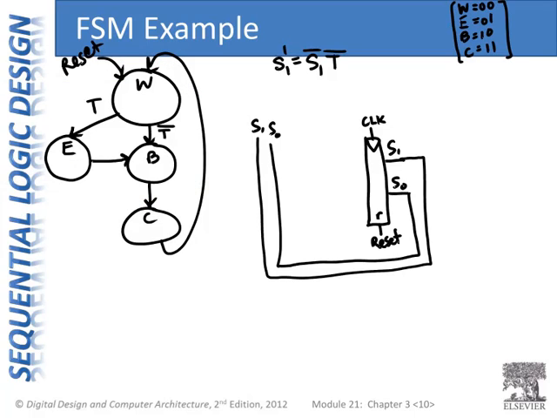We're going to use our current state, S1 and S0, as well as our inputs, in this case a single input, T, to determine, using combinational logic, what our next state should be. So our next states, S1 prime and S0 prime, are on the left side of our state register because at the clock edge, those next state bits will become our current state.